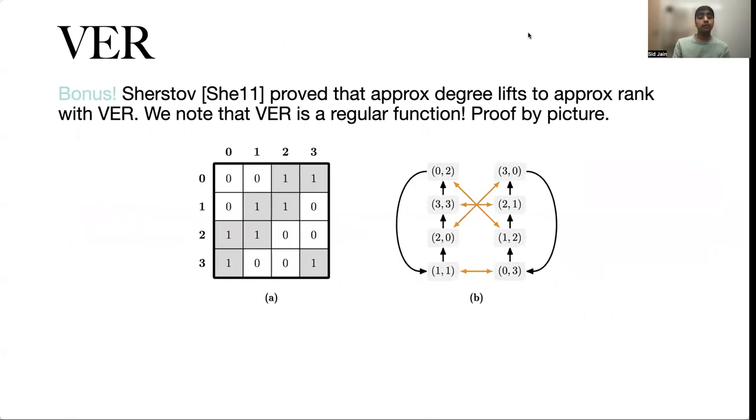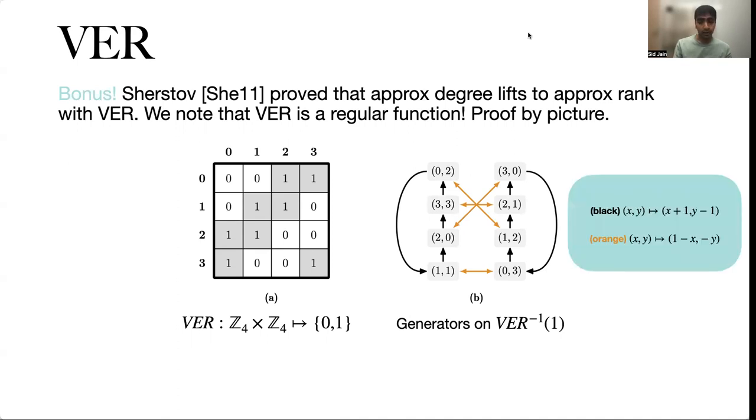On the left here, we have the matrix corresponding to the versatile function, which takes as input two integers mod 4 and outputs 0 or 1. And on the right, I have the generators for the group acting on the preimage of 1, which witnesses that this versatile function is regular. And for completeness, let me tell you what these operations are that I've listed in black and orange on the right.